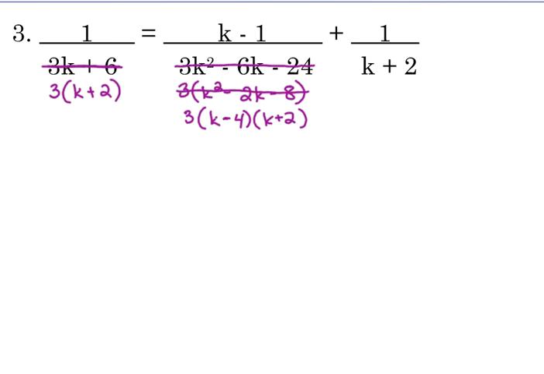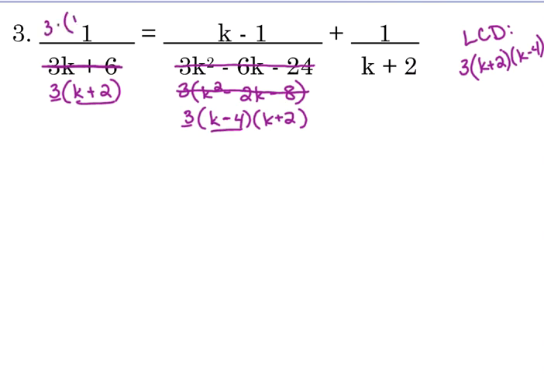These are our denominators. Okay, so our least common denominator, we need to get everything that shows up, but we don't need to repeat anything. So we've got 3 in 2 of them. We've got k plus 2, that's in all of them. And then we also have a k minus 4. So we've got everything from all of our denominators, but we don't repeat anything.